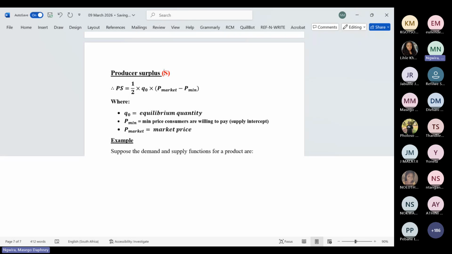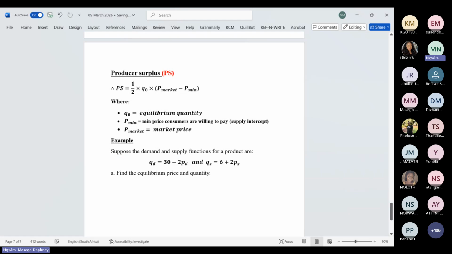So PS is equal to half times Q naught times P market minus the minimum price. Q naught is still the same, the equilibrium quantity. It's not going to change. P minimum is the minimum price producers are willing to accept, which is the supply intercept. So this is where your graph starts.